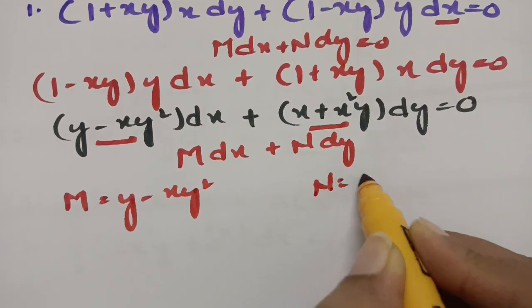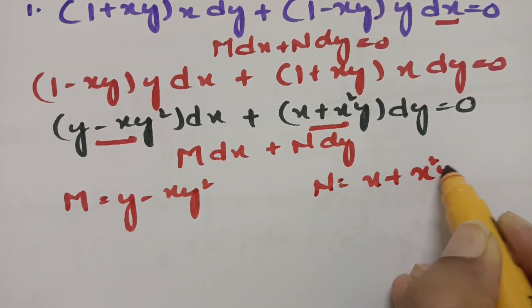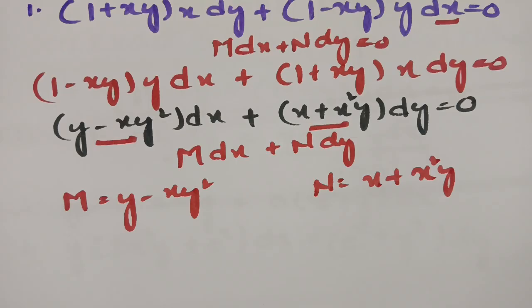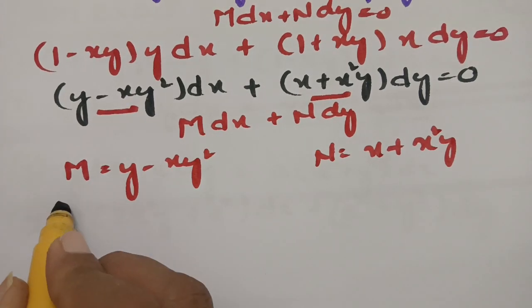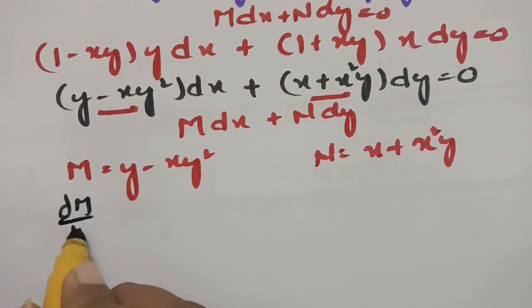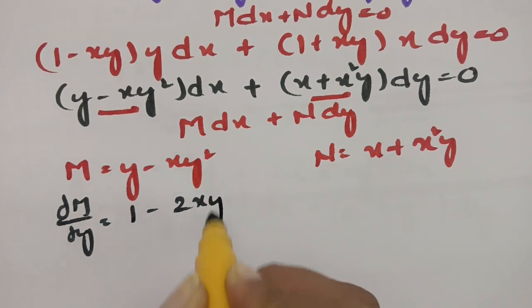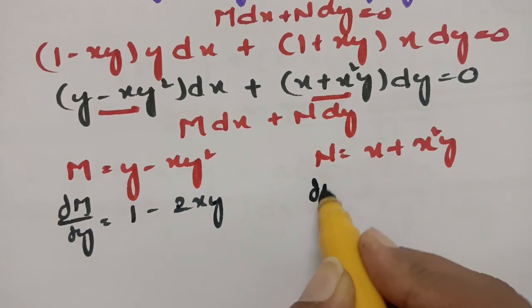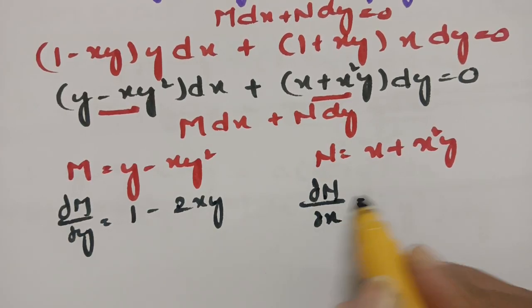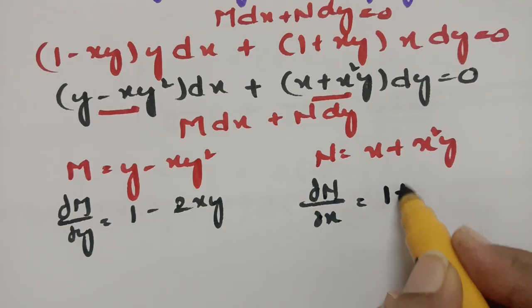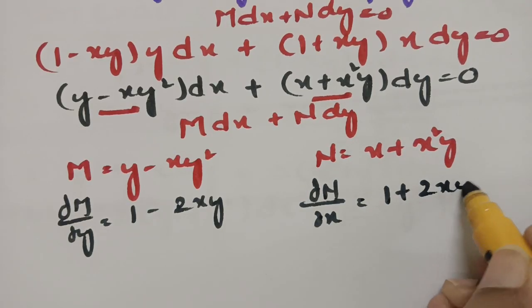So what is N here? This is x plus x square y. Now if I take the derivative with respect to y for M, this is 1, and for y square this is 2y, so this is 2xy. And next, if I take the derivative with respect to x for N, for x this is 1, and for x square this is 2x into y.